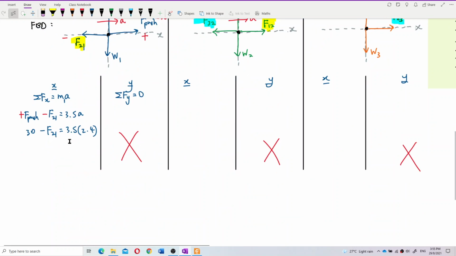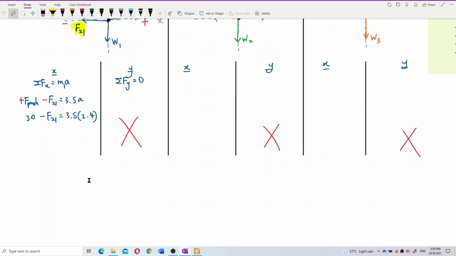Now I want to calculate F21. Let me rearrange first. This one goes to the other side, so F21 equals 30 minus 3.5 times 2.4. So what answer do I get? Let's calculate.